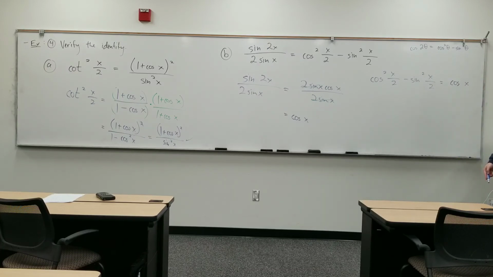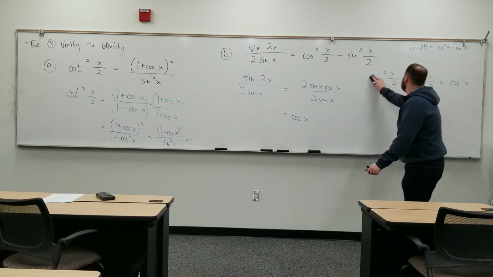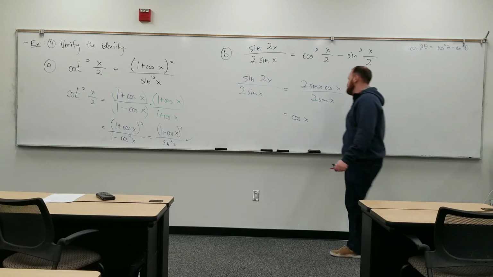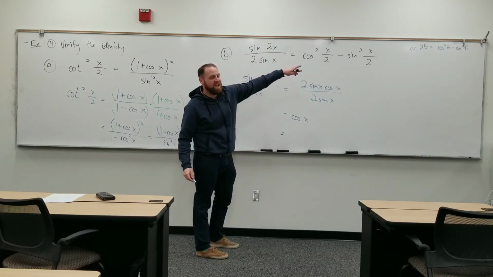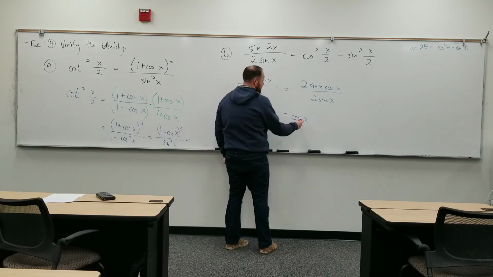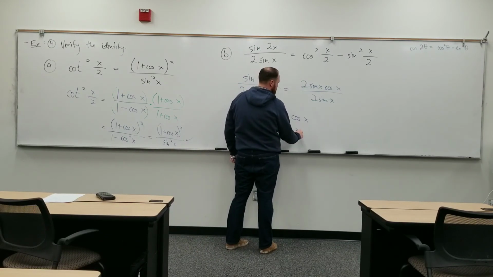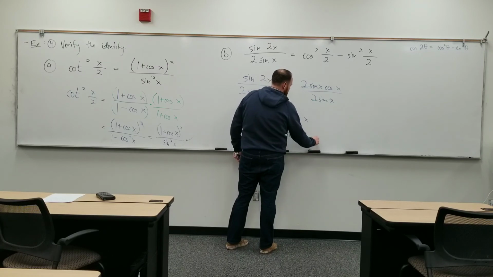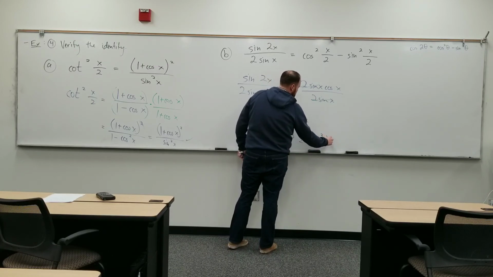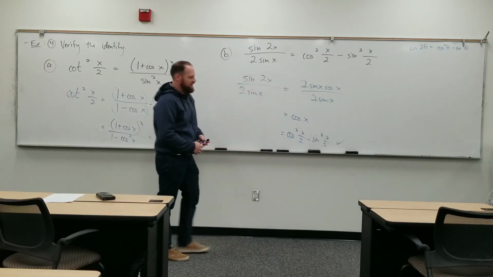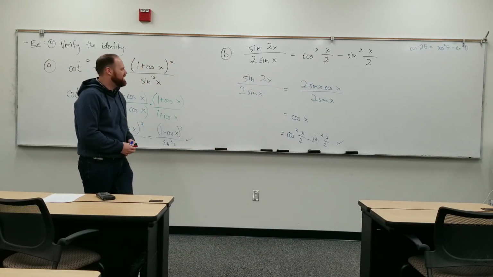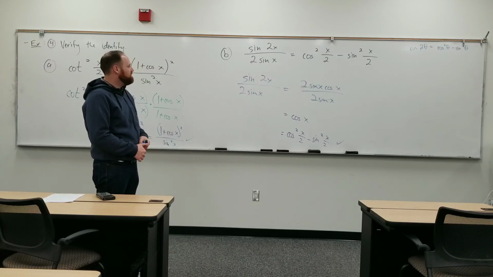So that was not very interesting as it turned out. But there it is. In fact, I'm going to erase this and just complete my proof by saying, by applying that double angle identity up there, this is just cosine squared x over 2 minus sine squared x over 2. I should have recognized that right off the bat. I didn't recognize it at first, but there it is.